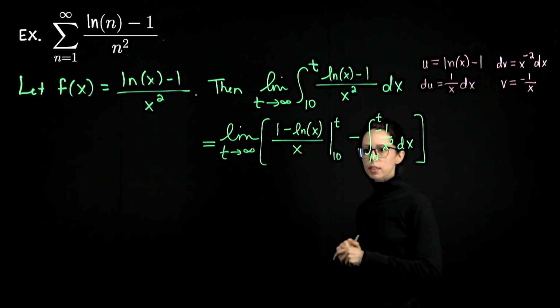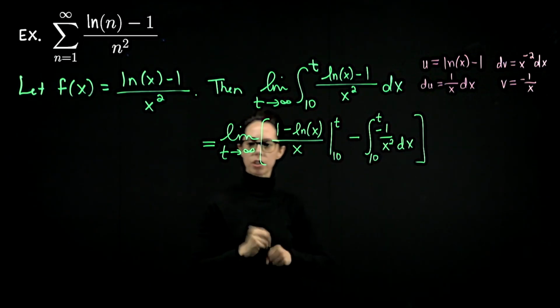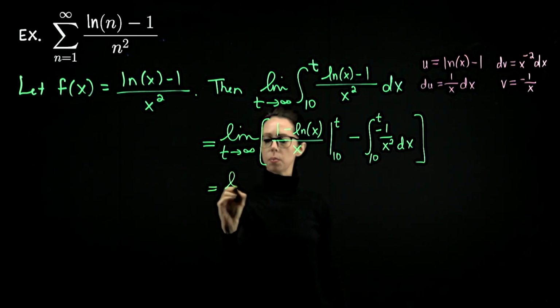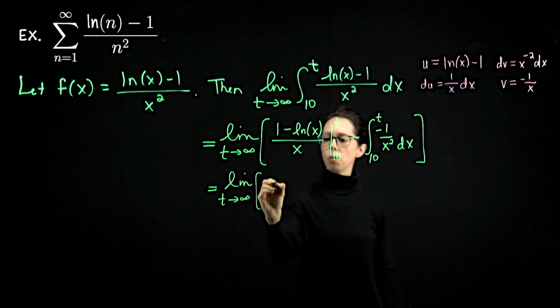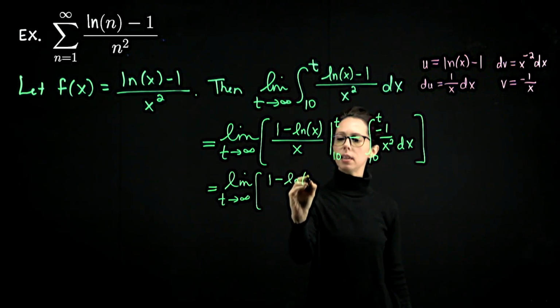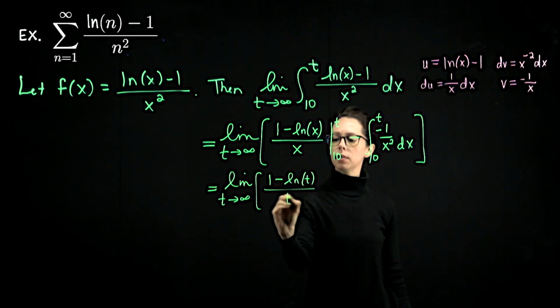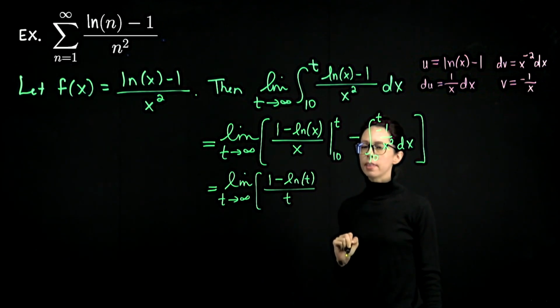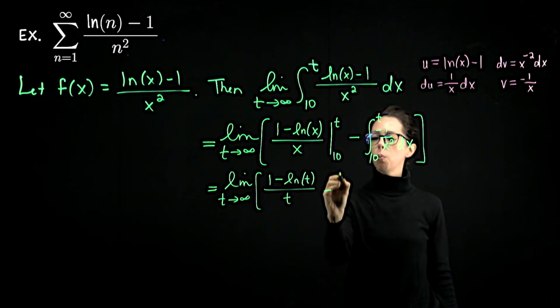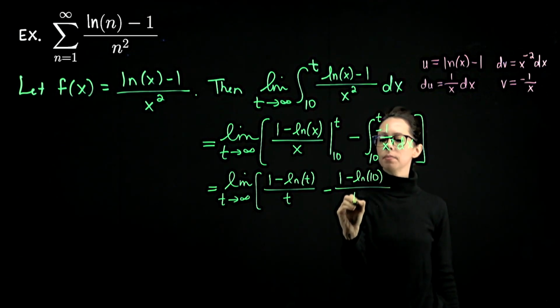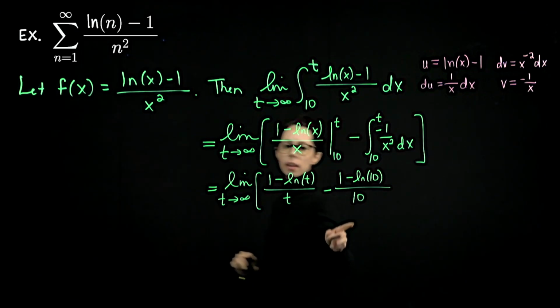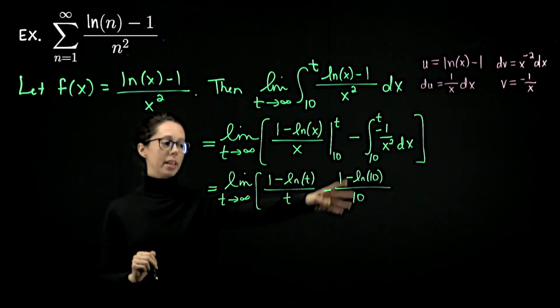All right, let's go ahead and plug t in here, anti-differentiate here. So this will be the limit as t goes to infinity of 1 minus natural log of t all over t, and then minus 1 minus natural log of 10 divided by 10. 1 minus natural log of 10 divided by 10 is just a number.